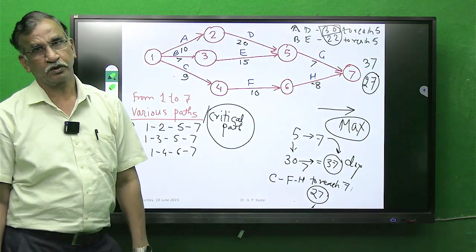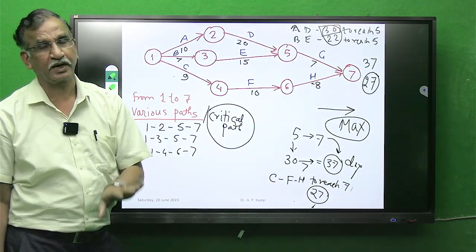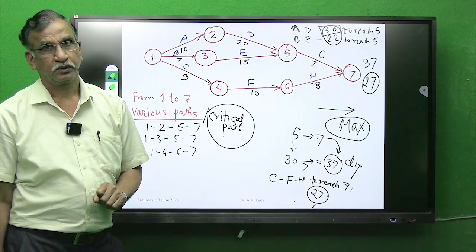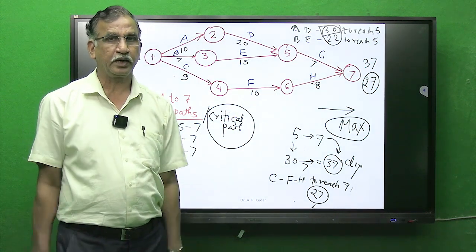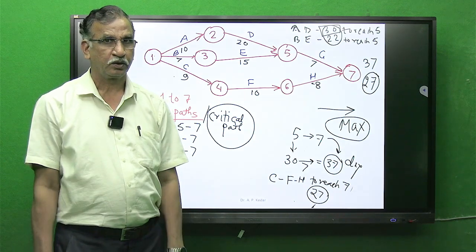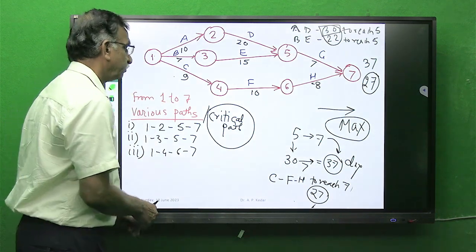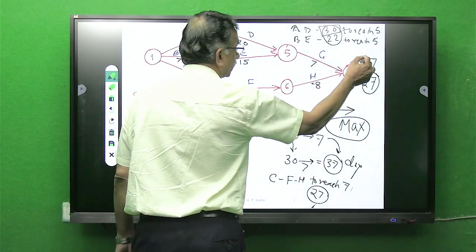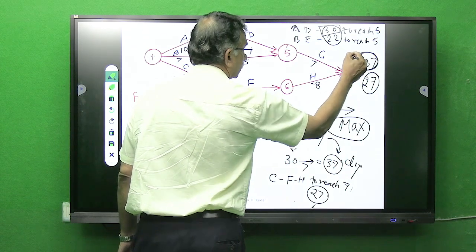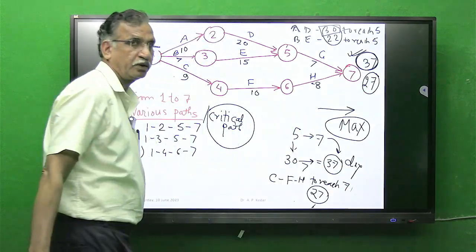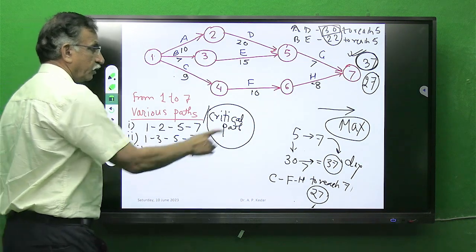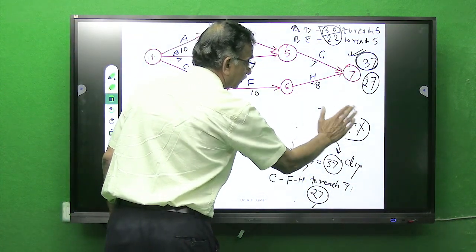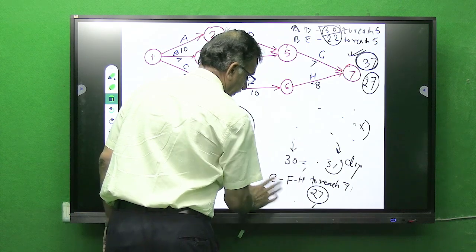With this background, I will enter into technicalities. This is the general idea I gave you. Now we know that this particular project will be completed by the 37th day.